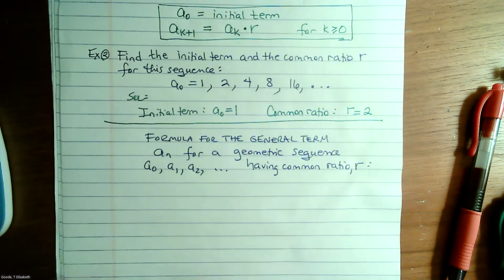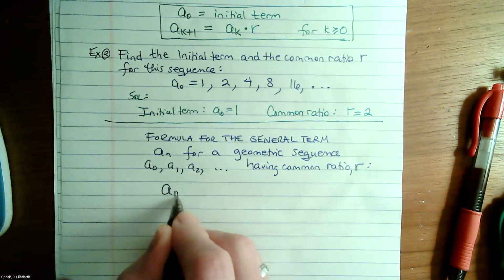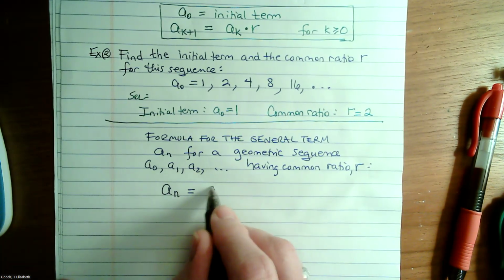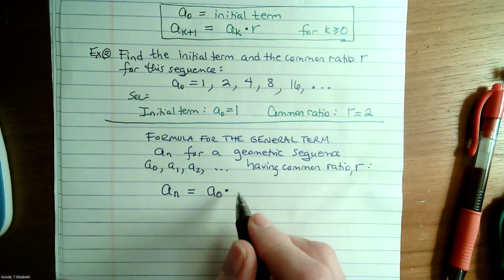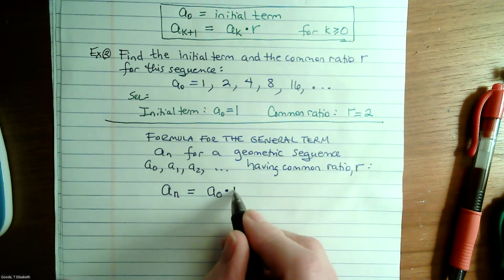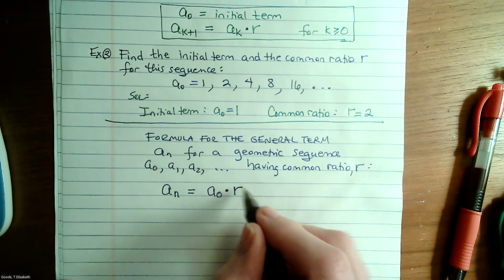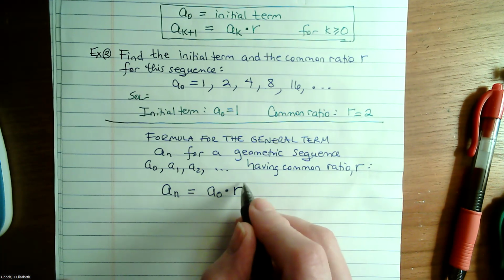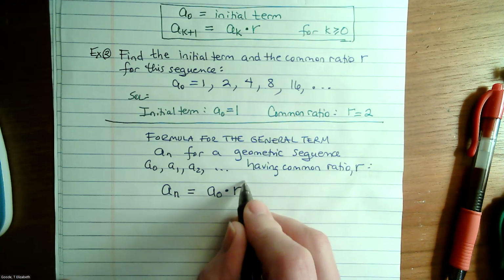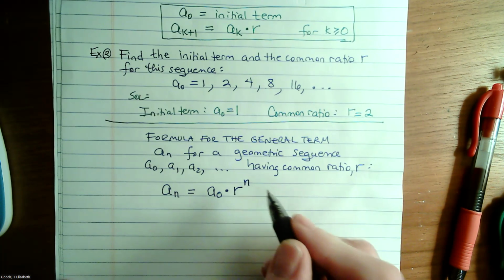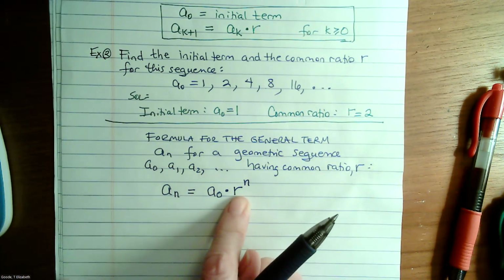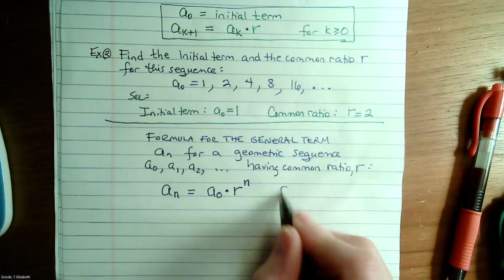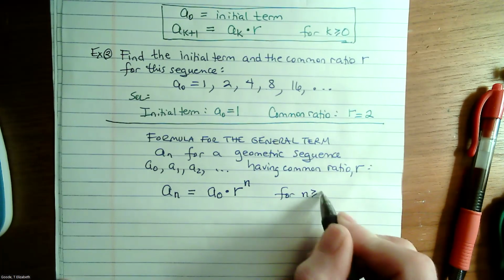And that formula is, to get to a sub n, well, we start at a naught, and then we multiply by R over and over again. But the mathematics of iterated multiplication is exponentiation. So we raise R to the exponent n. So rather than adding d n times, we multiply by R n times. And this works for n greater than or equal to 0.